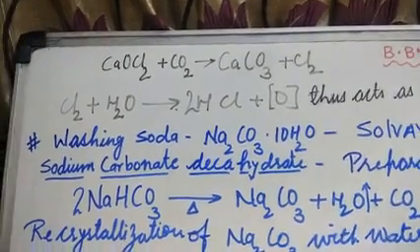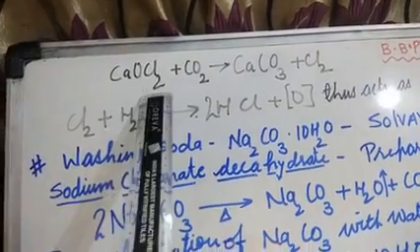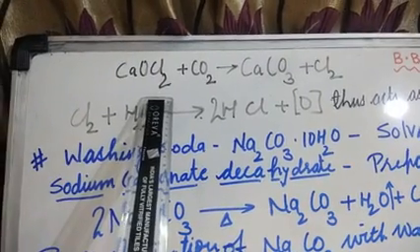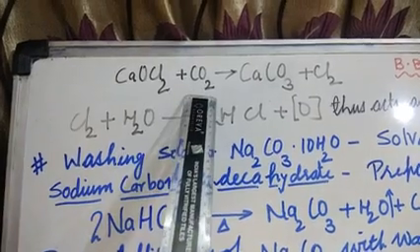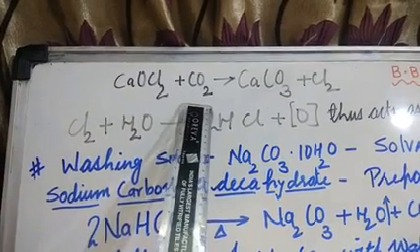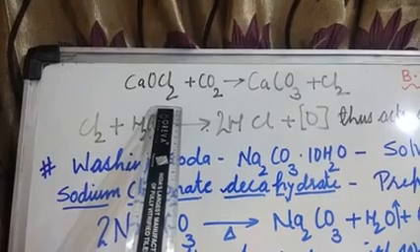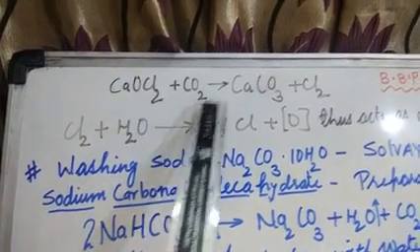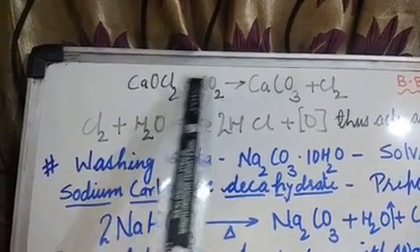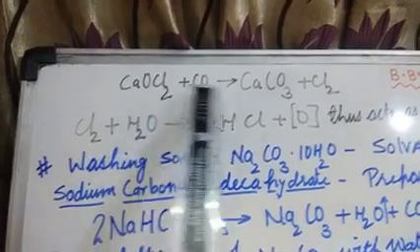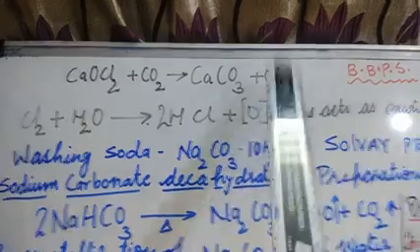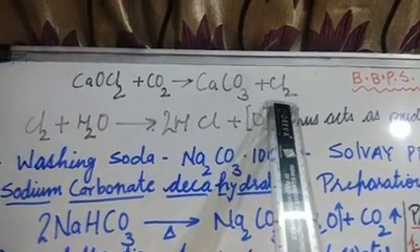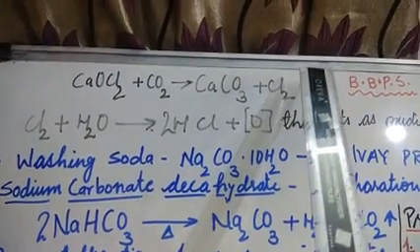How? CaOCl2, the bleaching powder, when it reacts with atmospheric carbon dioxide, if it is exposed openly in the atmosphere, reacts with that CO2 and forms CaCO3 and evolves chlorine gas on its own. Cl2 gas evolves out.